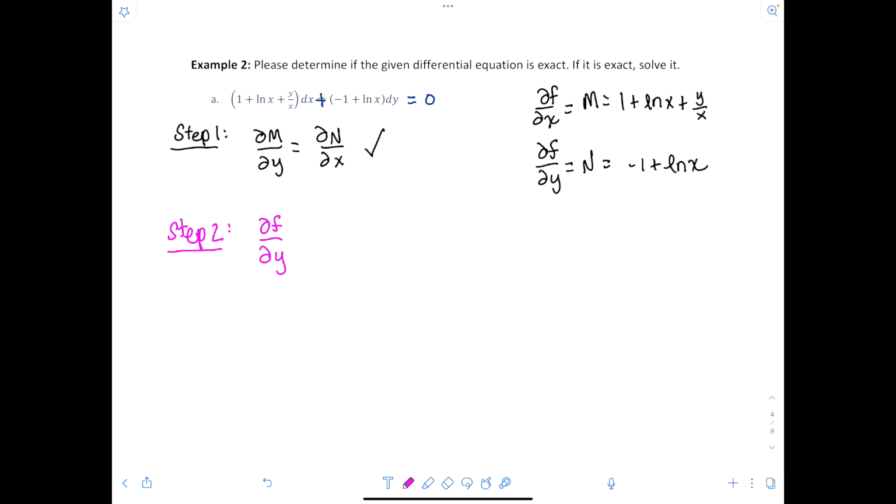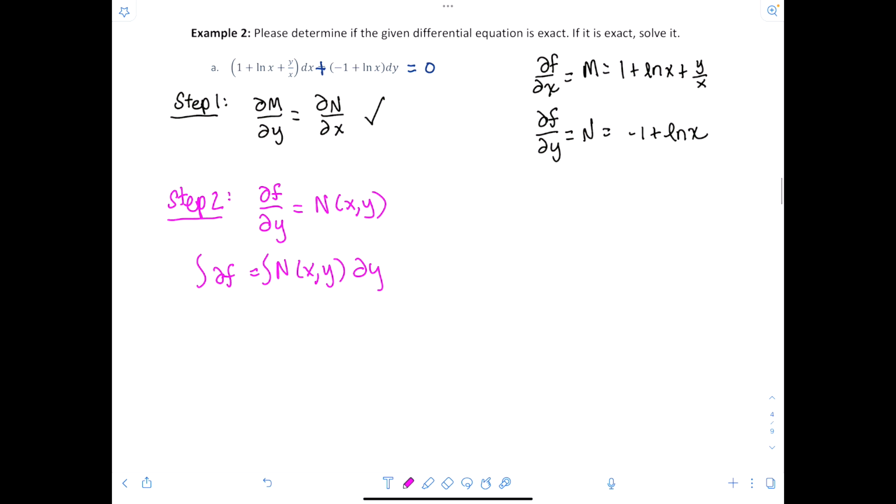And we're setting this equal to N in terms of x and y. That's the whole setup. So we'll have df equal to capital N in terms of x and y, dy, and doing the partial integral with respect to y.